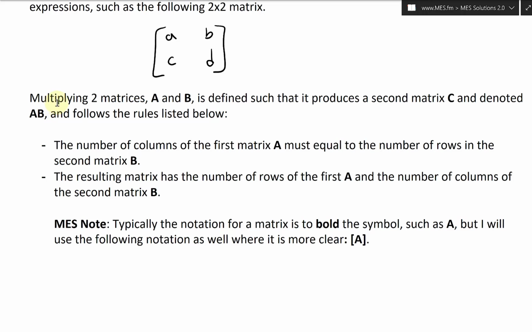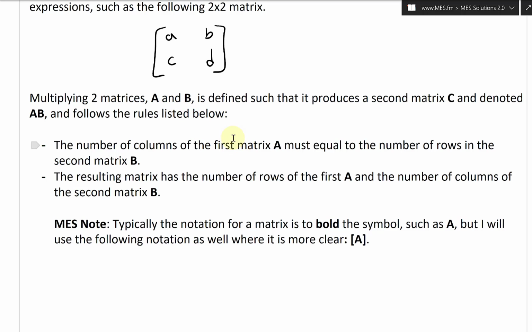So now let's take a look at multiplying 2 matrices, such as A and B. This is defined such that it produces a third matrix C, and it is denoted by AB and follows the rules listed below.